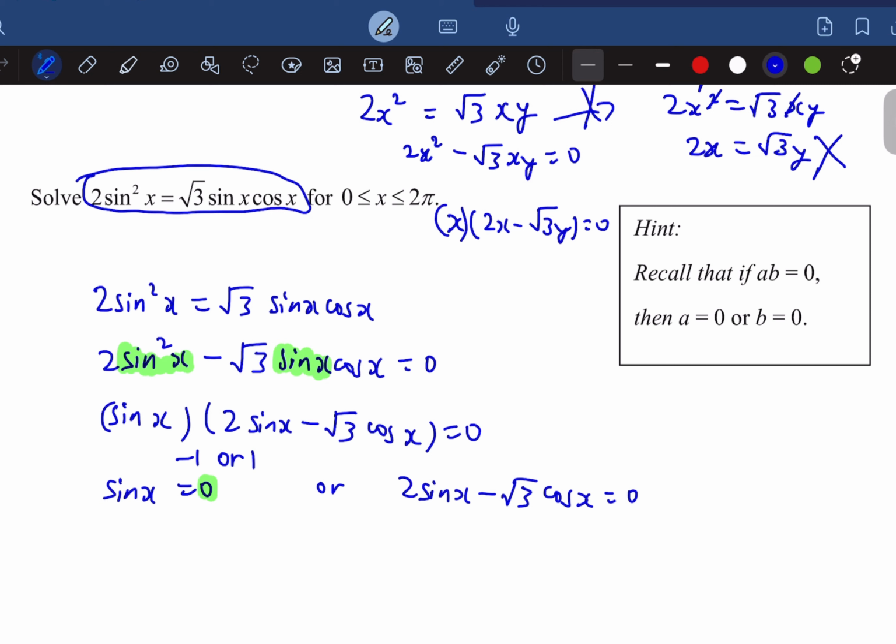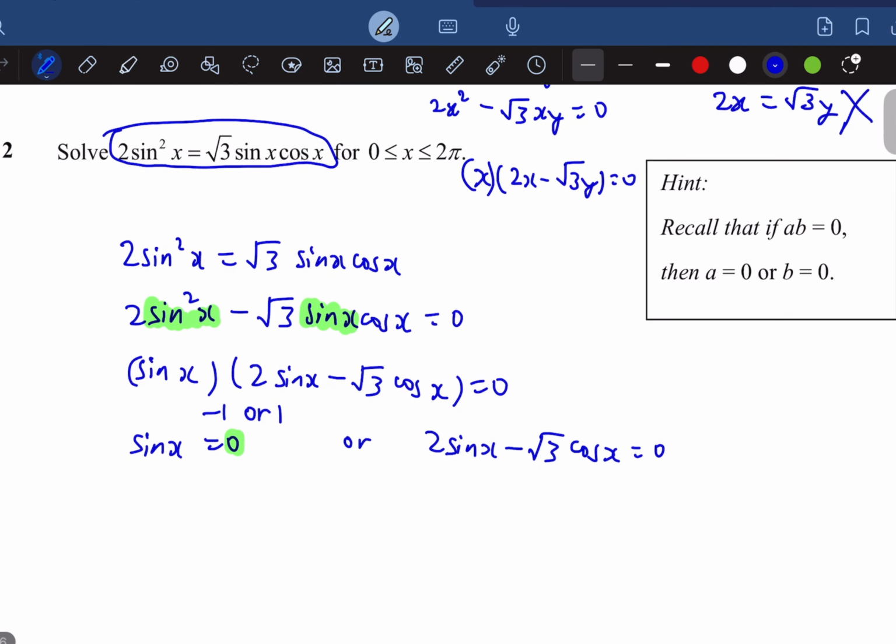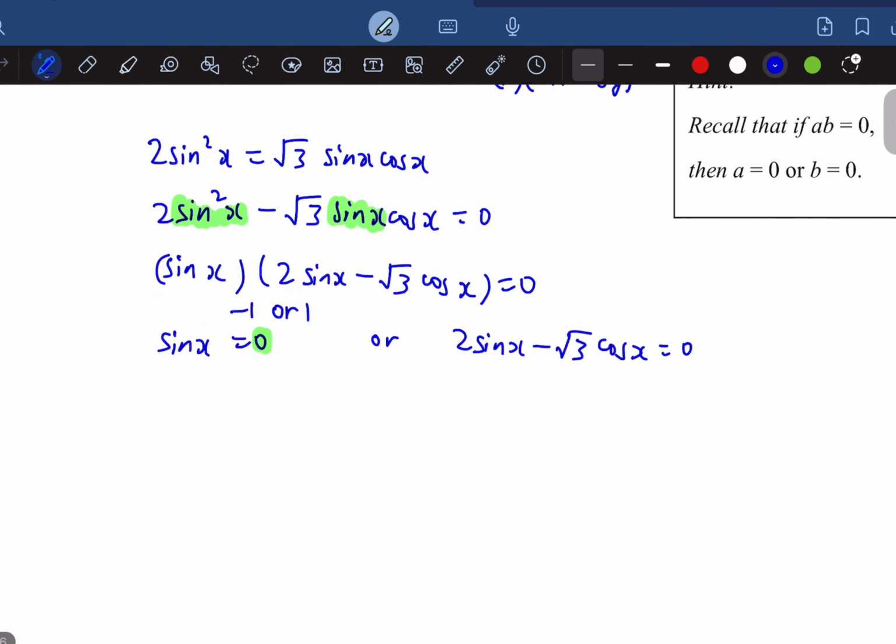What do I mean by that? For example, if I use the sine graph, it is like that, from 1 to -1. When sine x is equals to 0, it is all these points here.